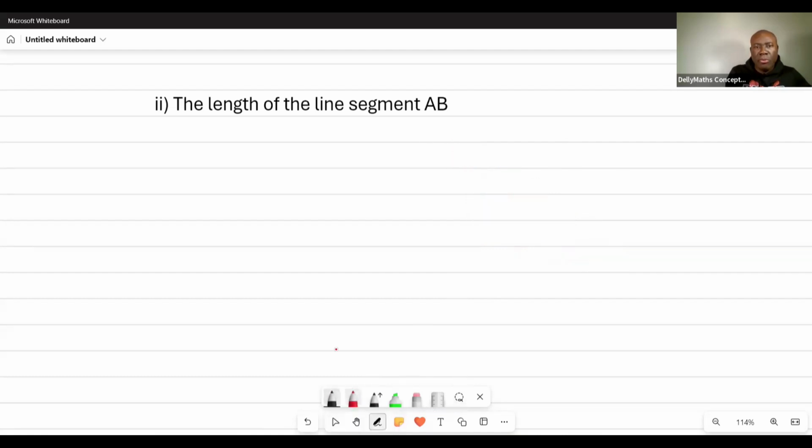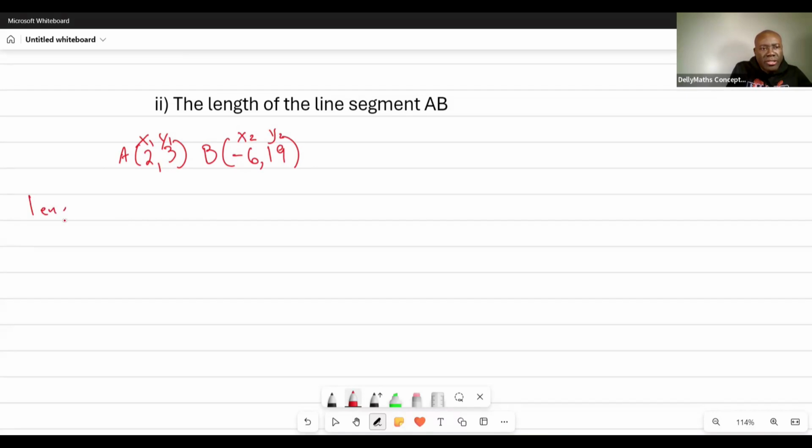So let's bring back our points here. Remember, point A was (2, 3). Point B was (-6, 19). Remember, this is x1, this is y1, this is x2, and here we have y2.